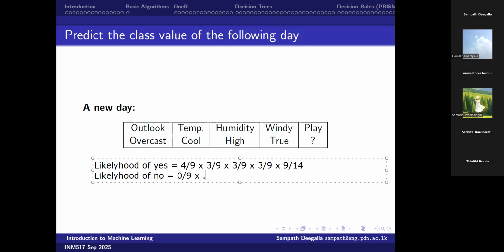Right? And then you can check others. But the only problem is, as soon as the first value becomes 0, the likelihood becomes 0. When the likelihood becomes 0, then you cannot find the probability values, because once it is 0, everything becomes 0, right? Which is the problem in this particular case.